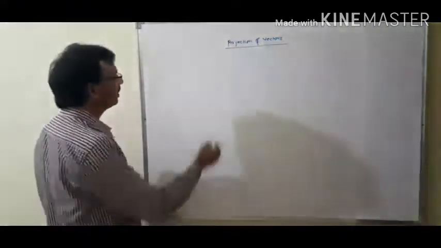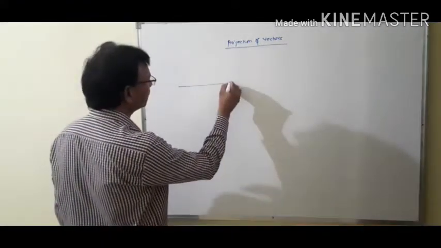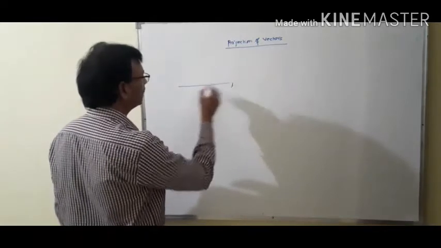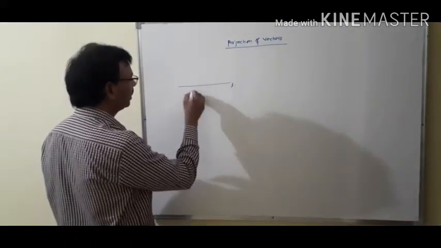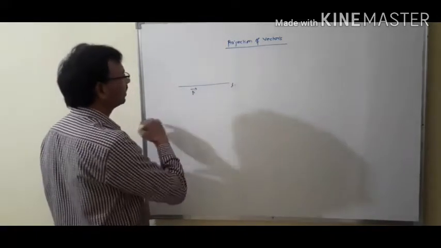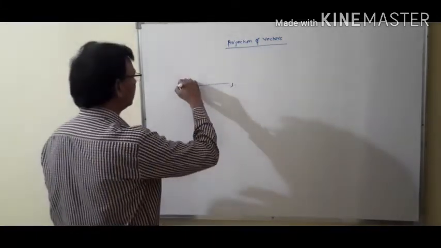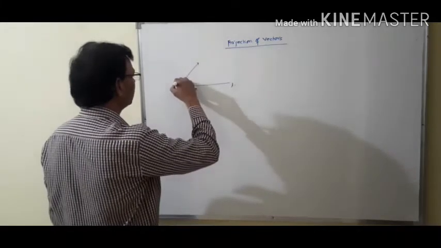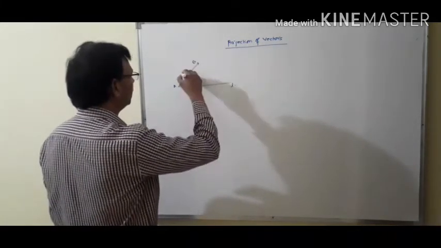What is the projection? Suppose this is a line L, and a vector denoted by A or P, suppose P, and another vector AB denoted by A.